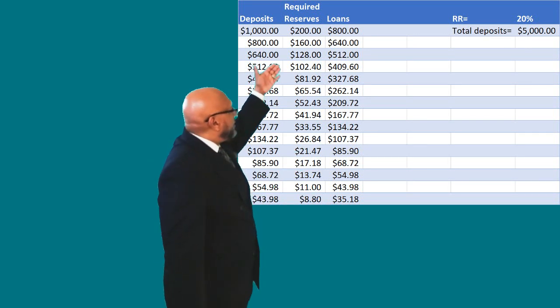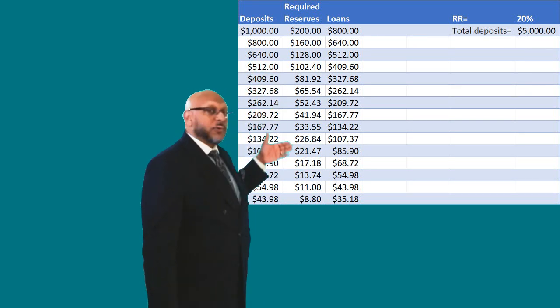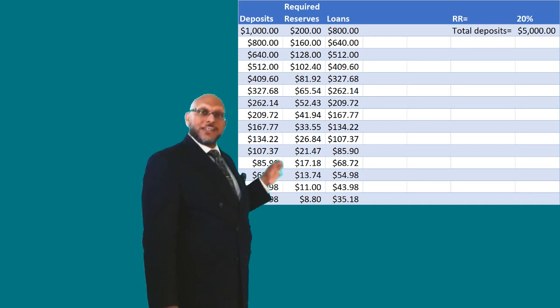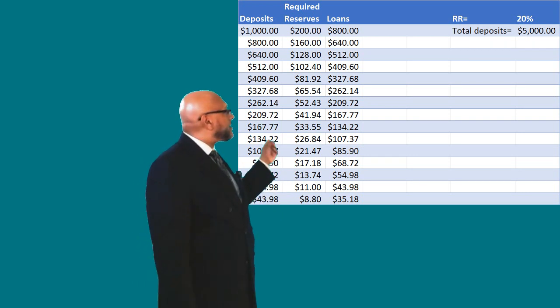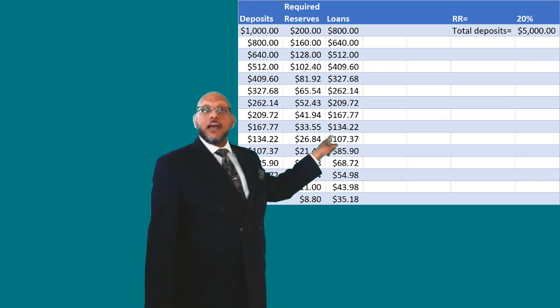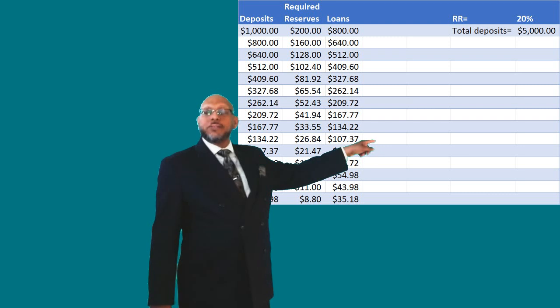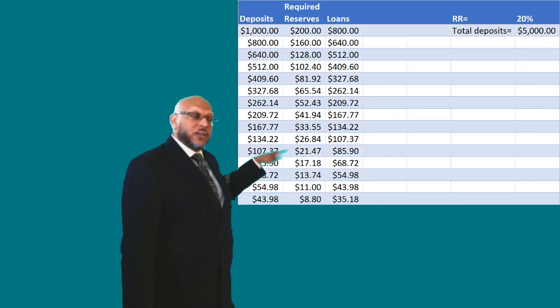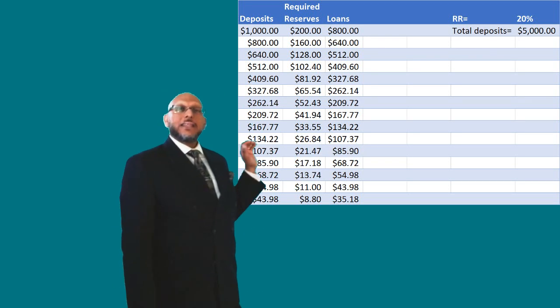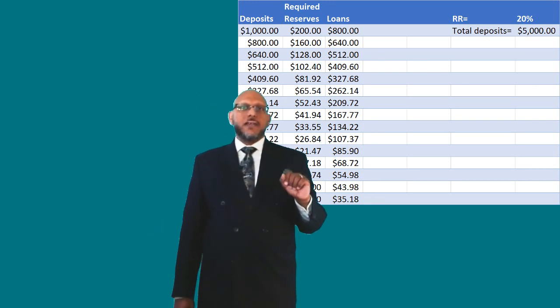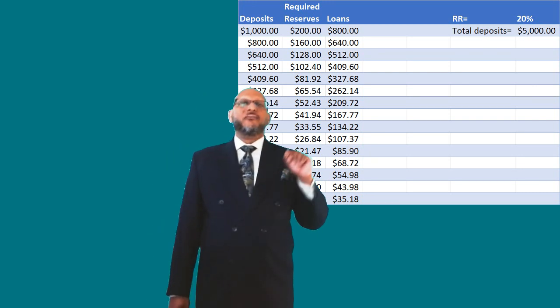You can see here's each person saving, putting money into the bank, their individual deposits, and here is the amount that is held by the bank, and here's what the bank is able to lend out. And you see how, if we add all this up, that $1,000 has increased to $5,000.